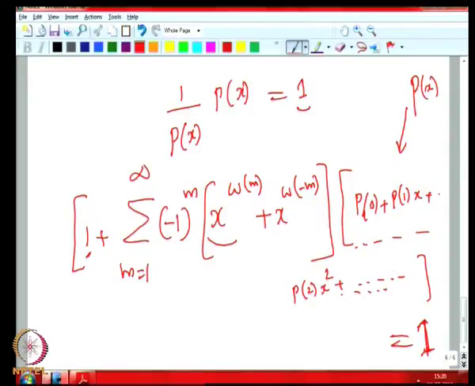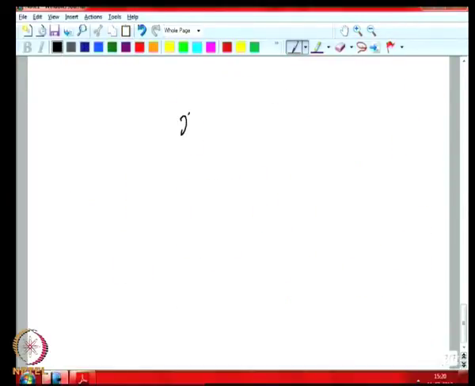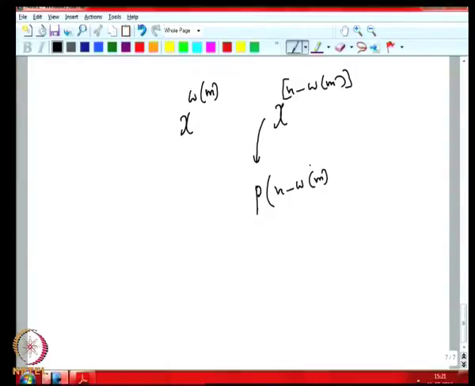So corresponding to each x raised to omega of m, when we select it from the first part of the product, from the other part we will have to take x raised to n minus omega of m. But we know that the coefficient of x raised to n minus omega of m will be p of n minus omega of m. But the coefficient here is just minus 1 raised to m. So we will get minus 1 raised to m into p of n minus omega of m when we make that product.